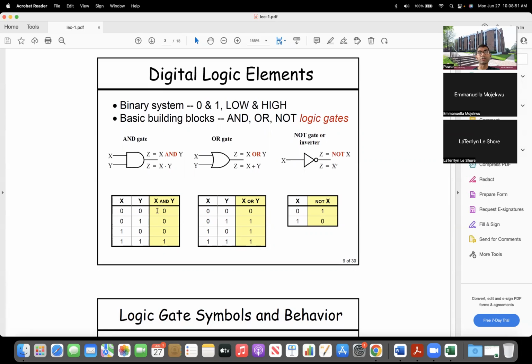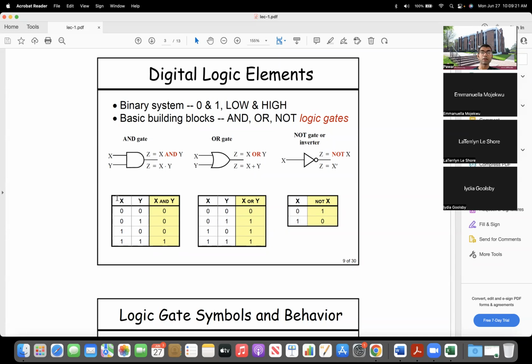So in the exam, I'll ask you some questions like explain the AND gate, or explain the NOR gate, or explain the OR gate, right? So these are the truth tables, right? They're called truth tables because this is what things will look like when you have two variables, say X and Y, right?